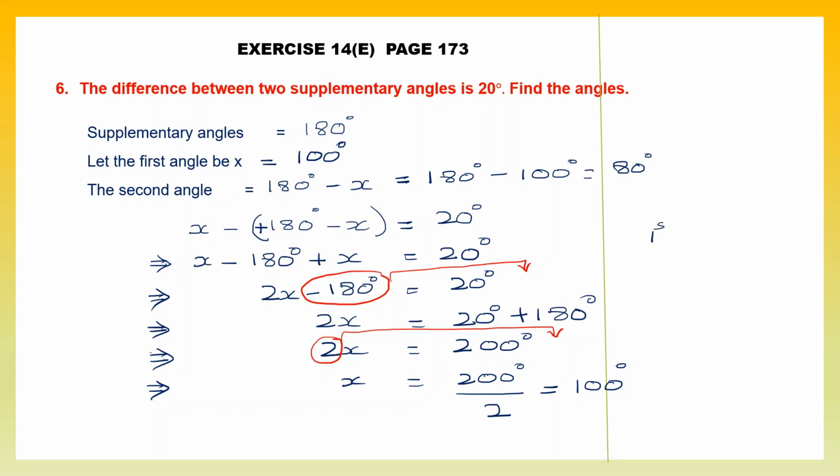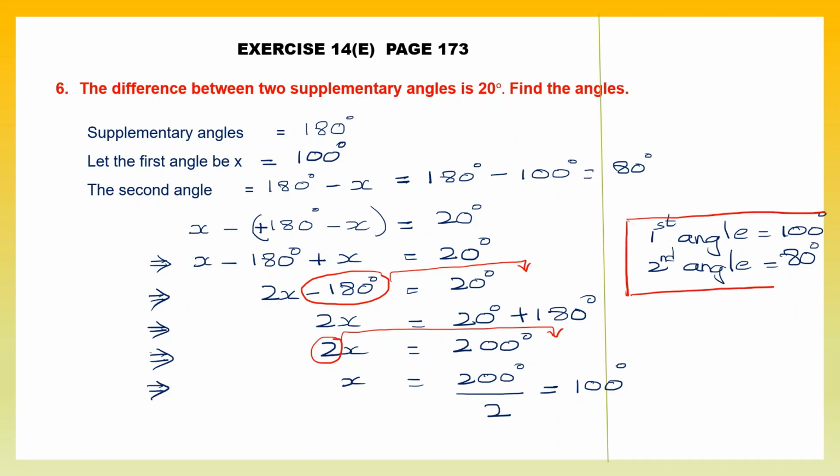So our first angle is 100 degrees, and the second angle, we found it out to be 80 degrees. So 100 degrees and 80 degrees, and this is our final answer. 100 degrees and 80 degrees.